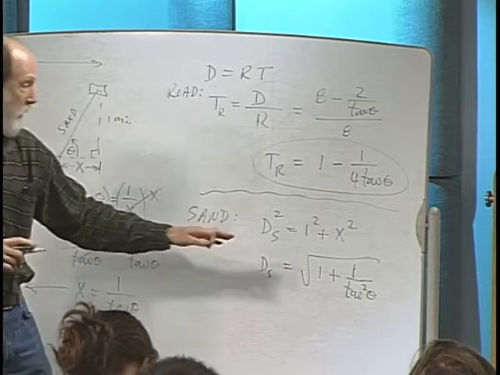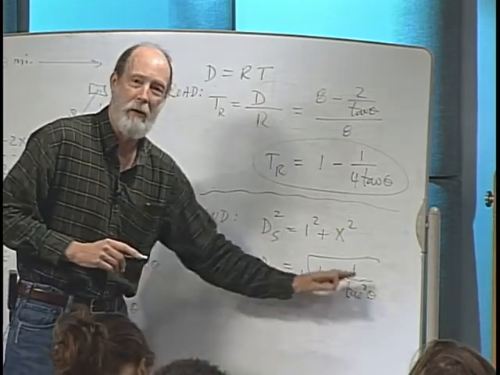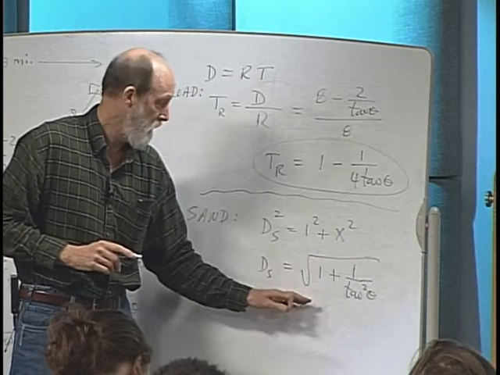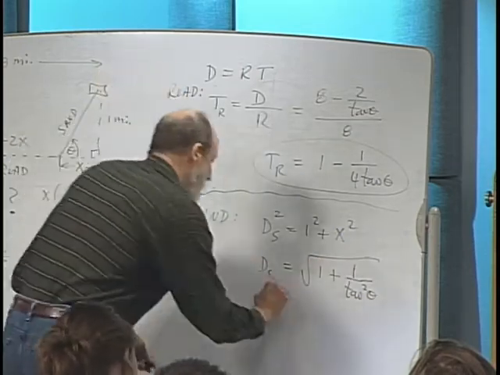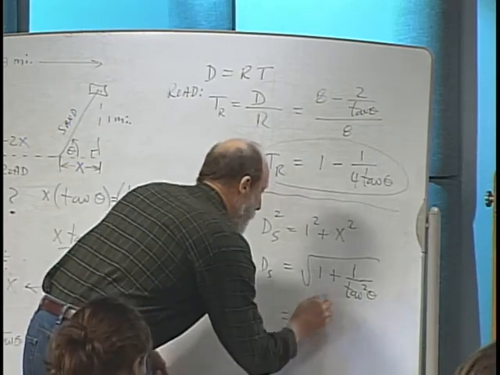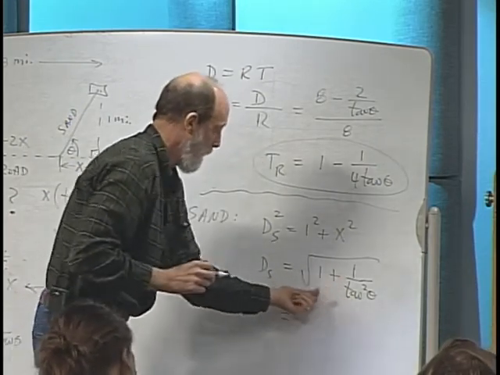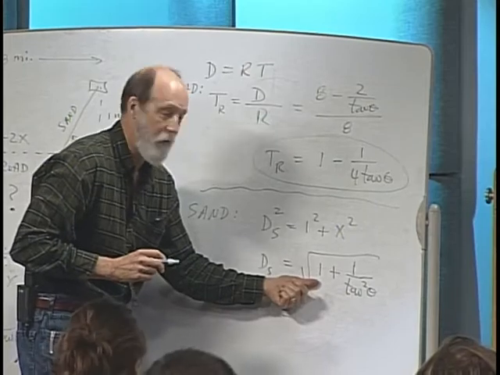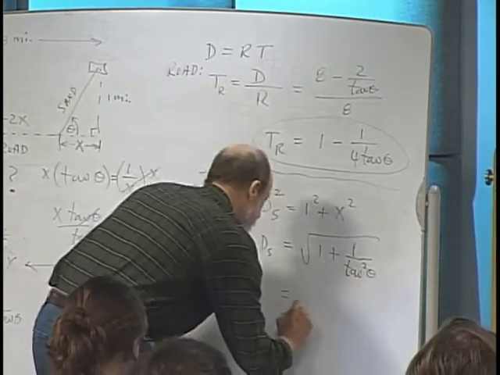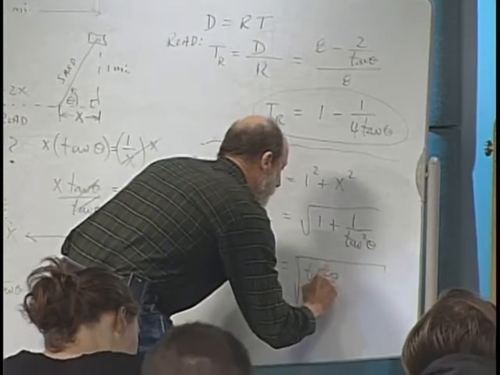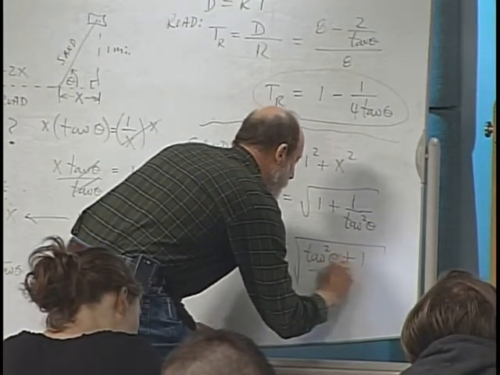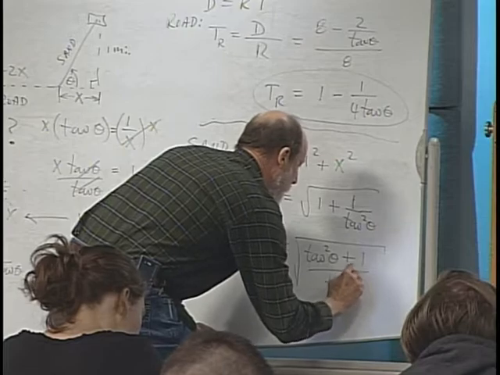Now, we're playing around inside a radical, aren't we? We're inside a radical, so we have to tidy that up a little bit. It looks to me like a common denominator in there would require a tangent squared inside there, doesn't it? So we're going to have a radical of tangent squared theta plus 1 over tangent squared theta.